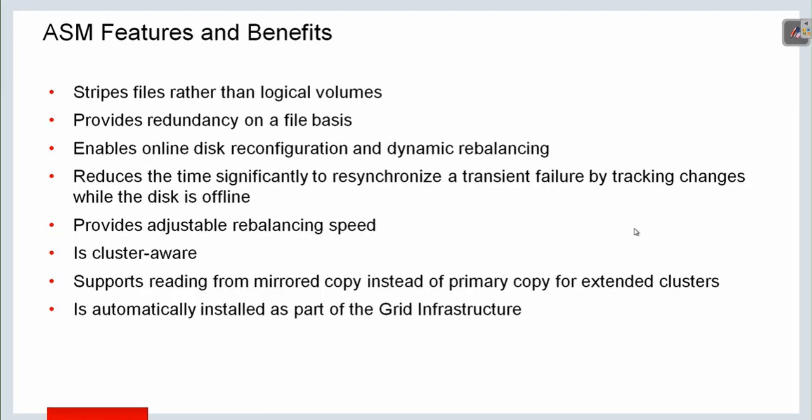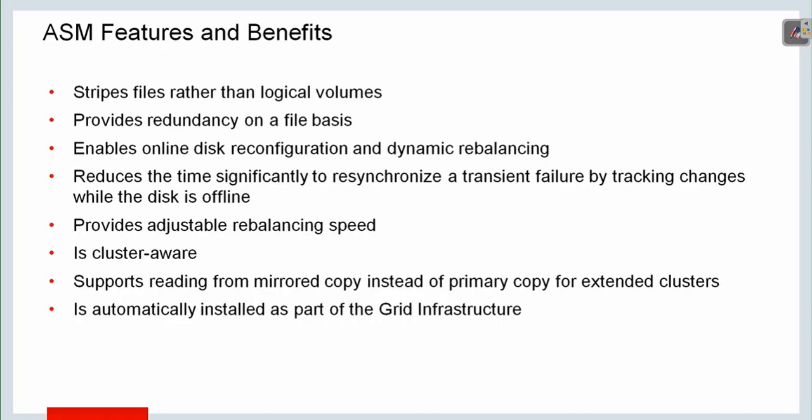And here is the list of features. The striping is at the file level, and the extent of a file. So we actually split files into extents, and extents are striped. And also, it provides redundancy on a file basis as well, meaning that instead of applying redundancy at the volume level, we apply redundancy at the file level. For example, you have an ASM disk group with normal redundancy, two-way mirroring.